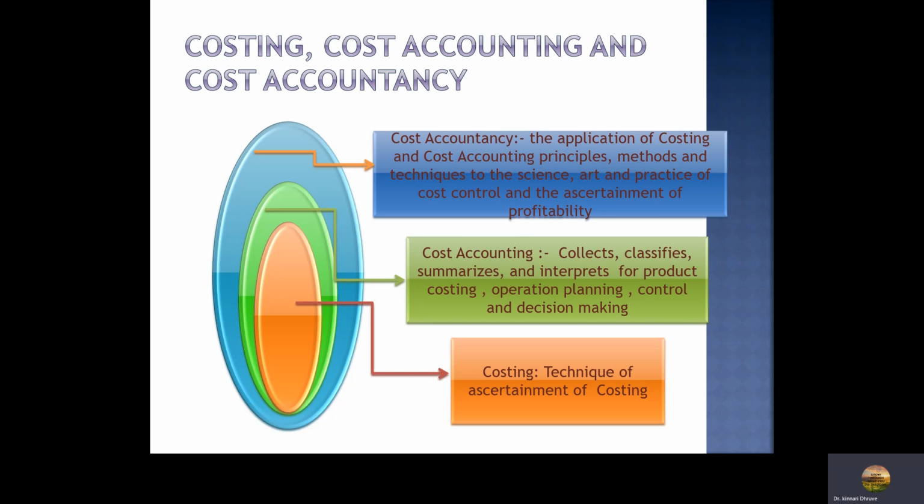And cost accountancy is a broader concept than costing and cost accounting. It is an application of costing as well as cost accounting principles, methods, and techniques to the science, art, and practice of cost control and ascertainment of profitability. In cost accountancy, the principles of cost accounting are applied in such a way that they maximize the profit of the organization.